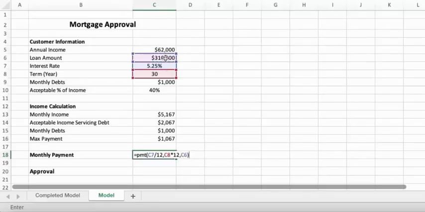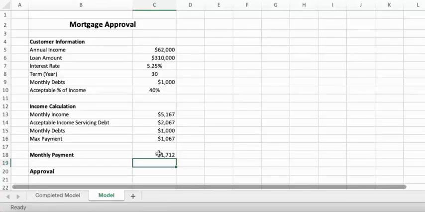Now at this point, I'm going to get a negative number for my payment because I've got a positive number for the loan amount. Just remember that with financial functions, a loan would be money toward me, so that's a positive to me. My monthly payments are going to be money I pay to pay off the loan, so that's going to be a negative to me.